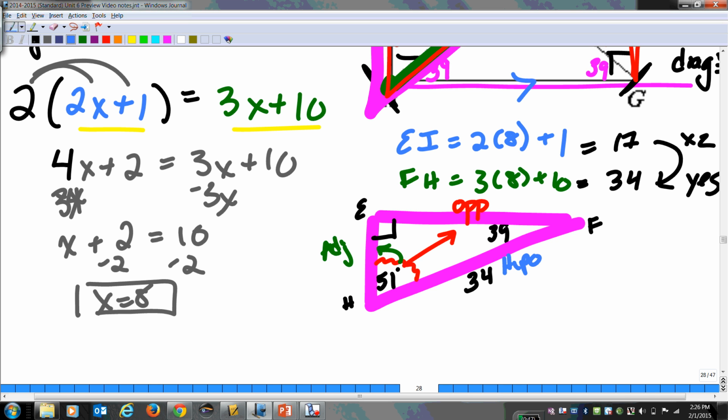I'm going to go for the opposite first using sine. So I write sine of theta over 1 equals opposite over hypo. I'm going to go for the adjacent using cosine. So cosine theta over 1 equals adjacent over hypo.